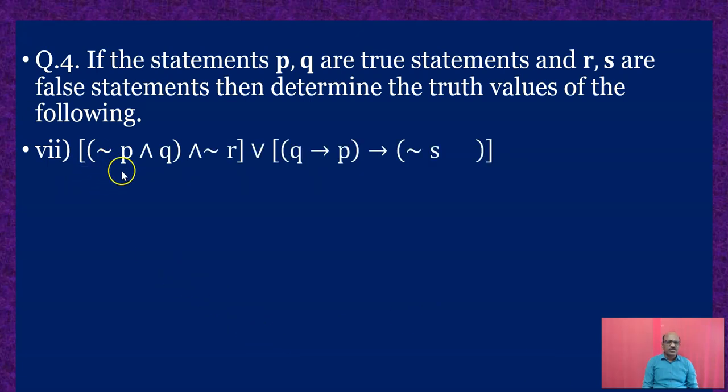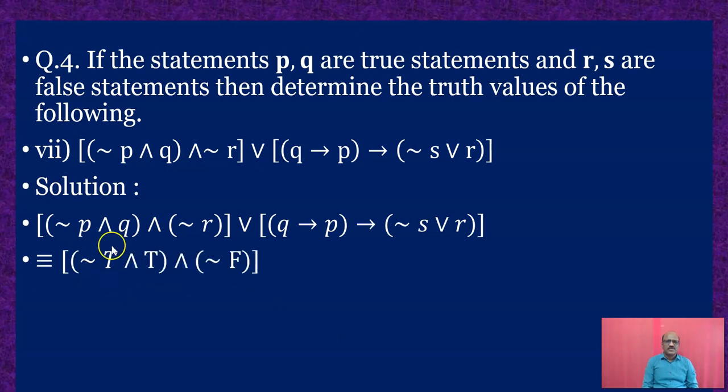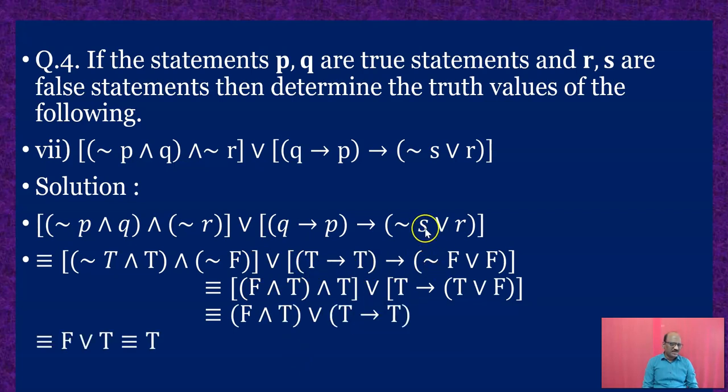In square bracket, negation of P and Q and negation of R, or in square bracket, (Q implies P) implies (negation of S or R). Now substitute the values and solve one by one. First is negation of T and negation of F, or (T implies T) implies (negation of F or F).